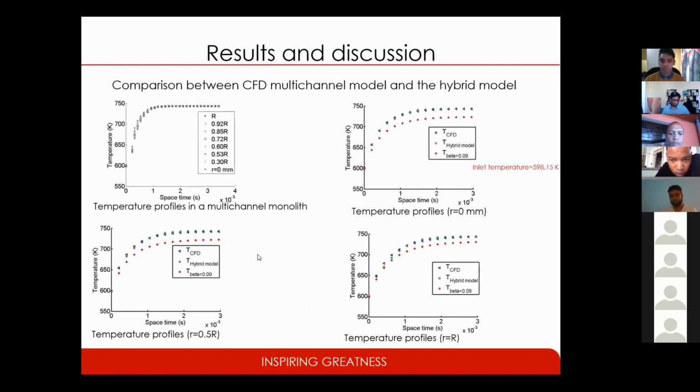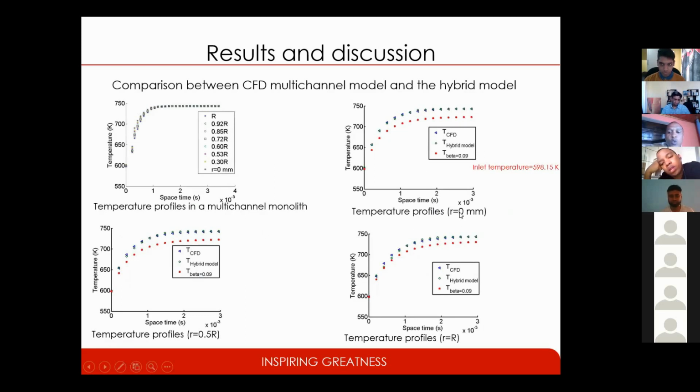Upon doing so, we used the ratio between the free flow and the zero flow to effect the linear combination, as I have shown in the previous equations. And in this case, you'll observe that there is indeed close agreement between CFD and the hybrid model.